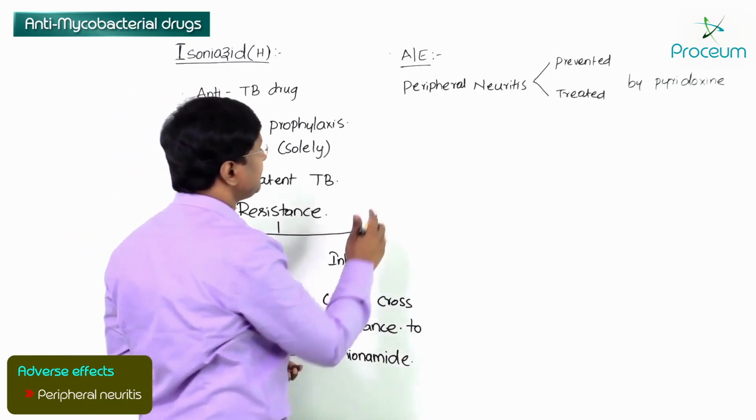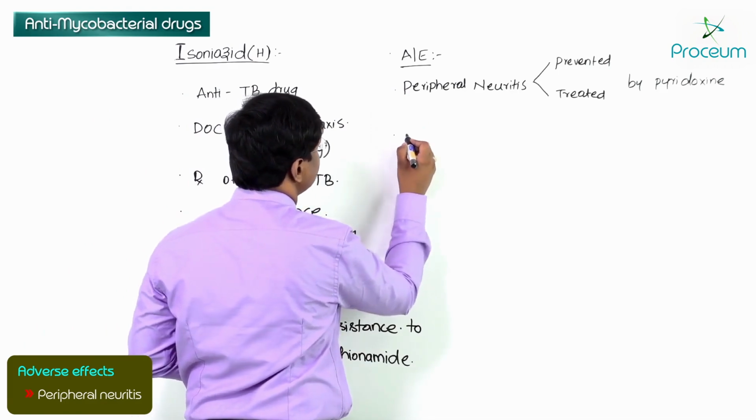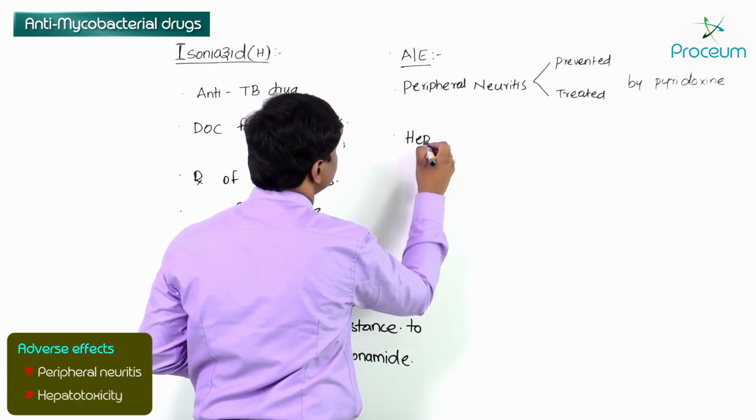Another important adverse effect apart from peripheral neuritis is hepatotoxicity.